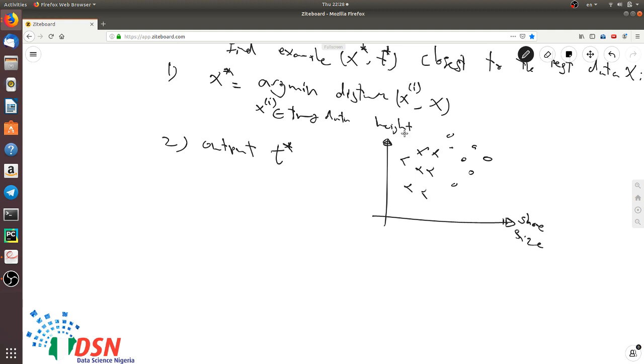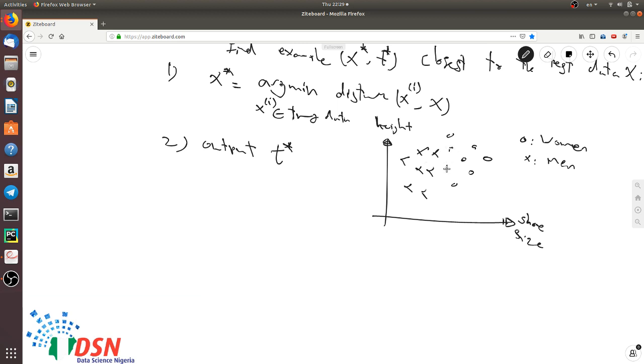Then we could actually, let's say these data are related to women's, and these data are related to men's.